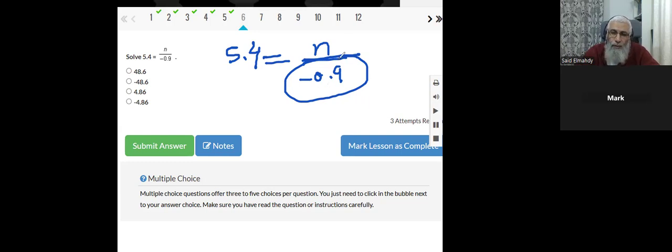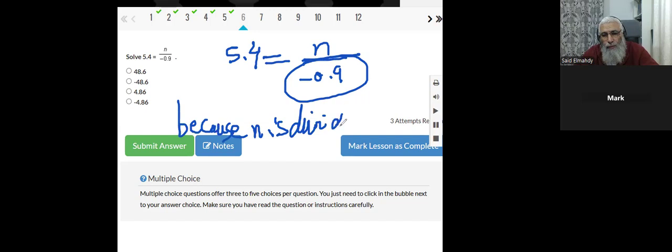Yes, this is multiplication. Because n is divided by negative 0.9, we have to multiply.